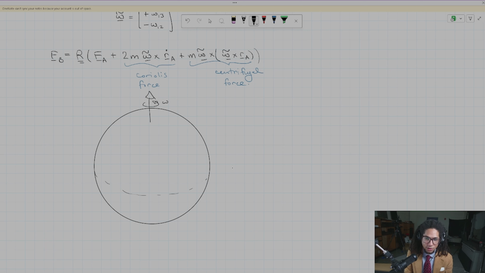Good. And let's imagine that we maybe throw an object. So we're on the surface of the sphere. Maybe we're at the equator just to make our math as simple as possible here, and we throw an object.